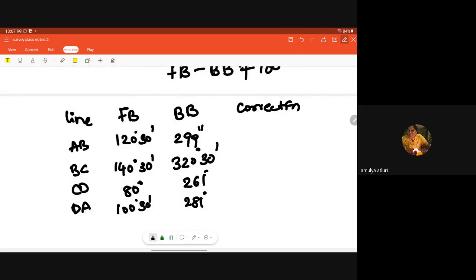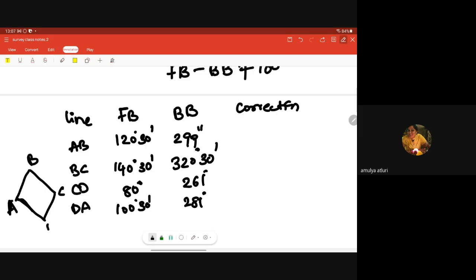As you can see, you just draw the traverse AB, BC, CD, DA. This is your forebearing, 120, and the back bearing.